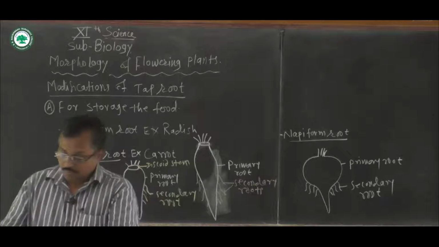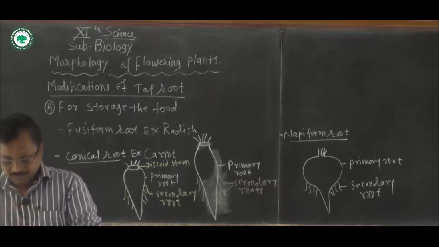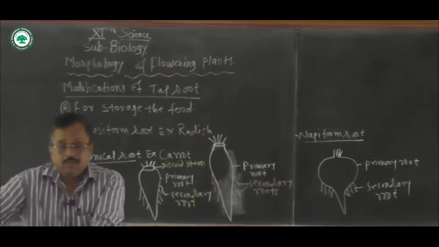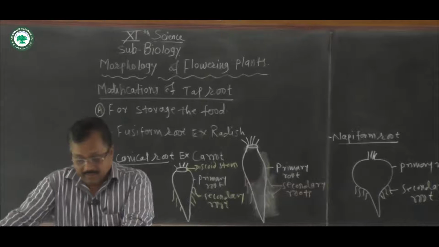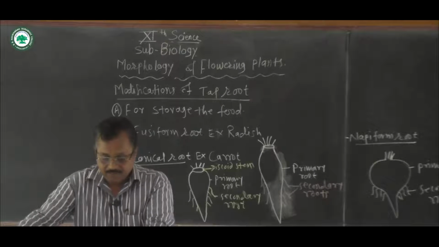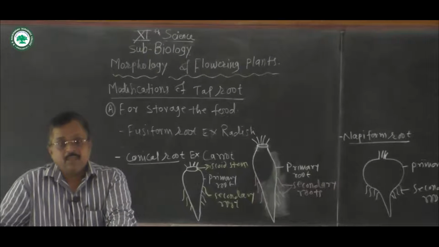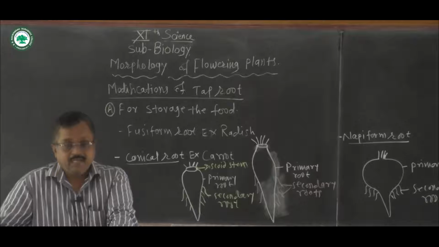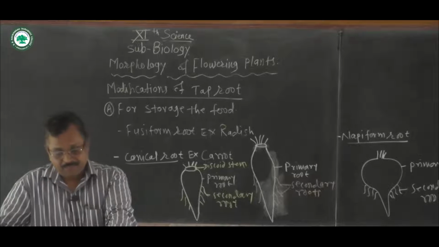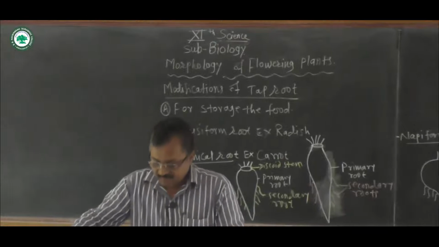Here we see the primary root, secondary root, and discoid stem. Due to storage of food material in the primary root, it gets swollen, and the upper end becomes spherical and narrow towards the lower end. Hence it appears like a top shape, and it is called napiform root.